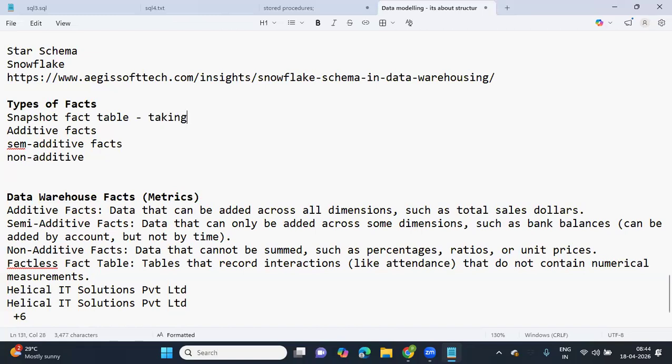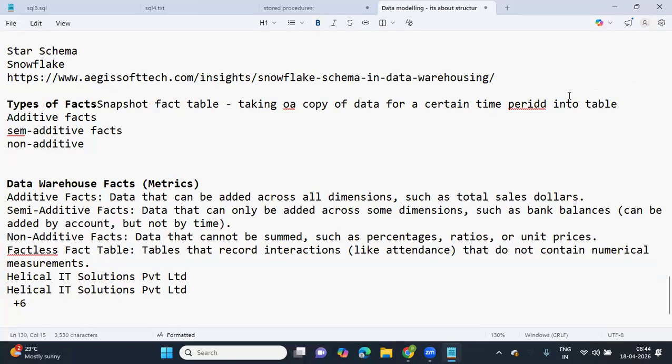Taking a copy of data for a certain time period into a separate table. This you will see in real time. Maybe the business will request us: I want the data for the year 2024, please provide it.